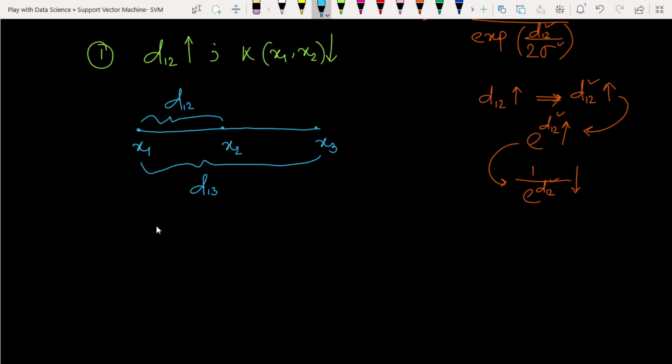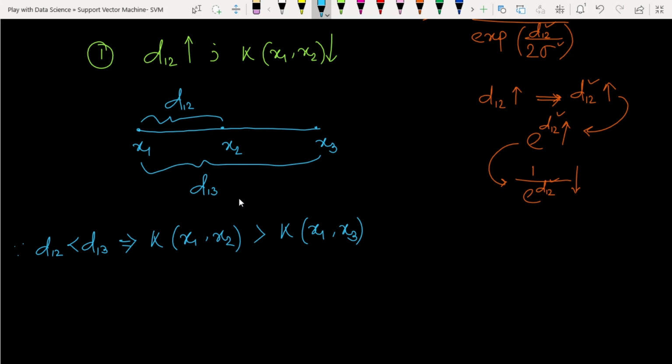So the kernel of x1 and x2 will be greater than the kernel of x1 and x3, since d12 is less than d13. Okay, I think this is clear.